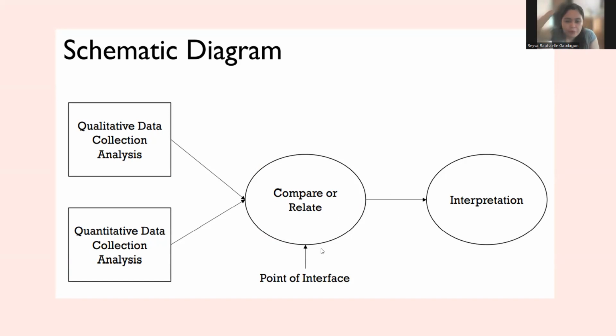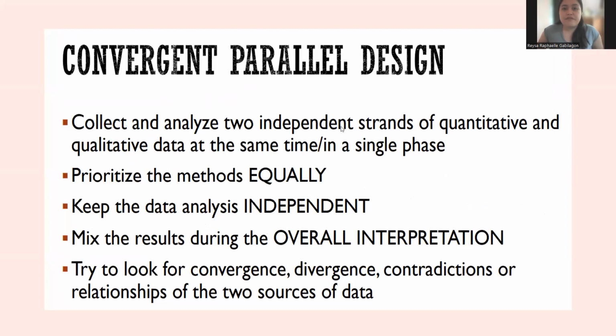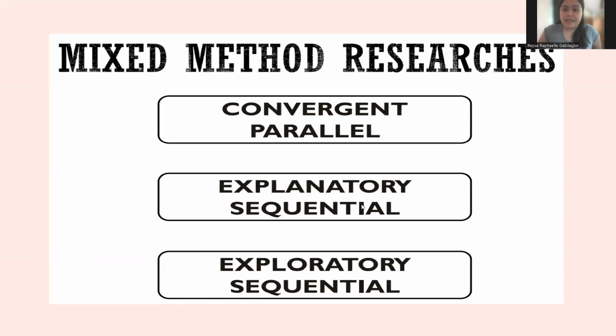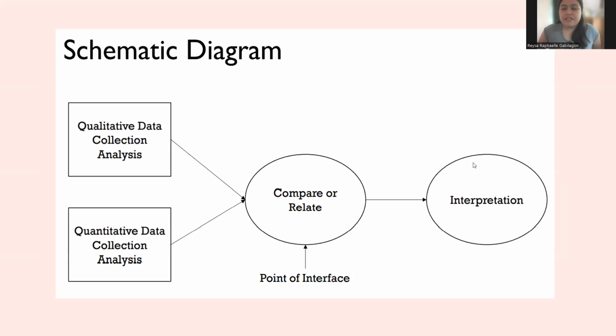So we have here the point of interference. I-compare natin, meron bang pagkakaiba or magkapareho lang yung results ng kahit ba i-interview mo sila or papasagutin mo sila ng iyong questionnaire. And then after that, you make your own interpretation. Again, we call this convergent parallel design. Kasi at the end of the research, ipagsasama natin ang results ng dalawa.